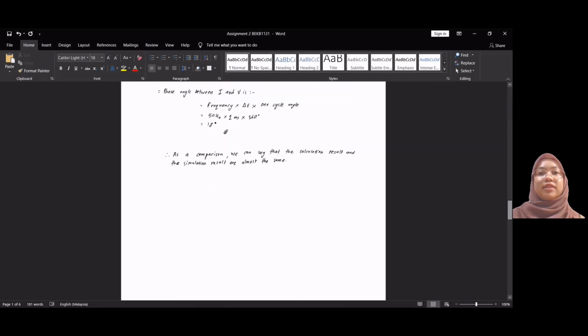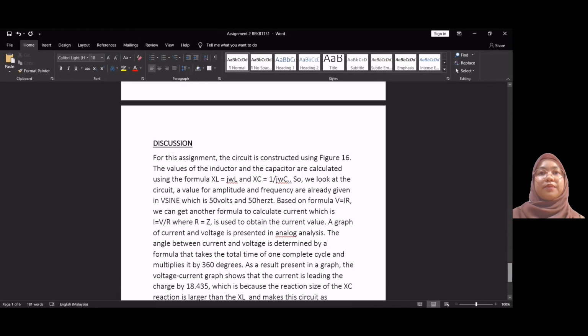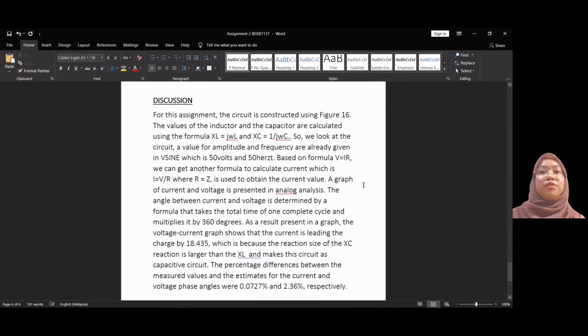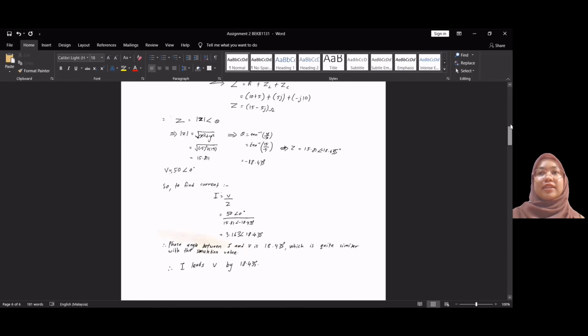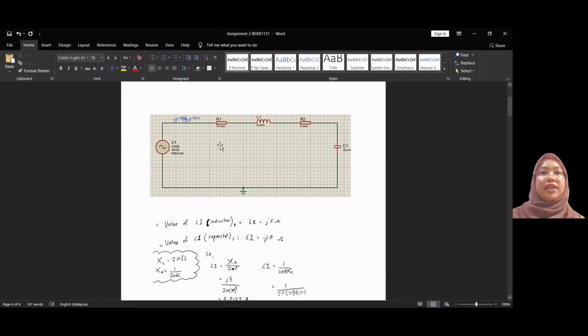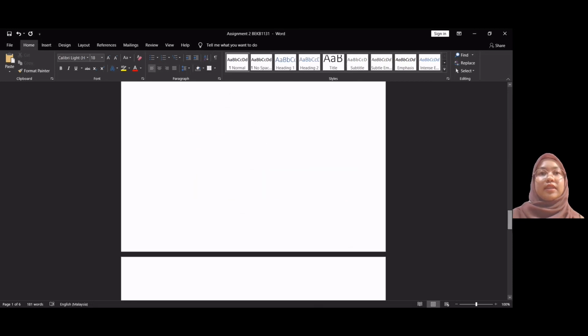Okay, let's go fast. So we look at the circuit. The values for amplitude and frequency are already given in V sine, which is 50 volts and 50 hertz. V amplitude 50 volts, frequency 50 hertz. Okay, next.